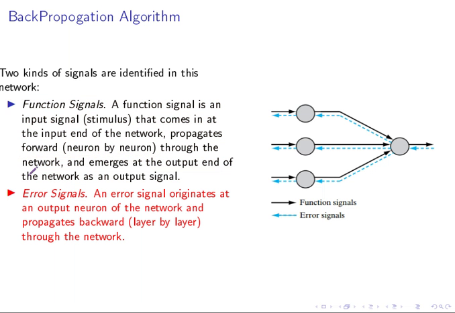An error signal originates at the output neurons of the network and propagates backwards layer by layer through the network. On the right side of the diagram, the black line shows the forward functional signal, and the blue dotted line shows the backward error signals. So always remember, the functional signal or stimulus travels forward, and error travels backward.